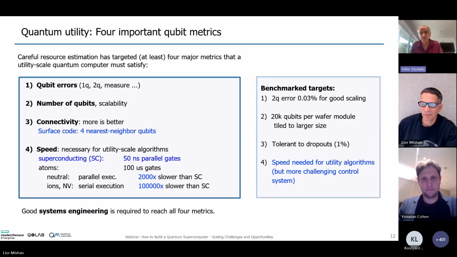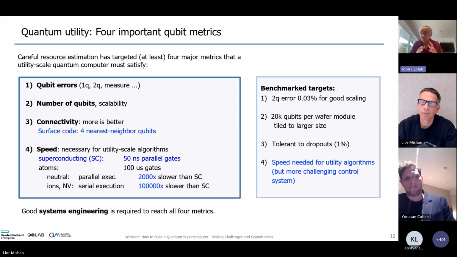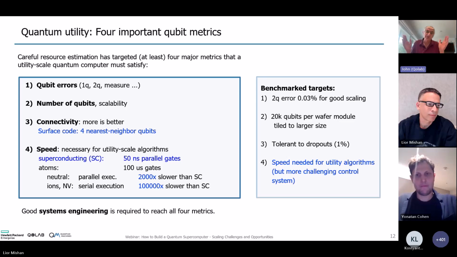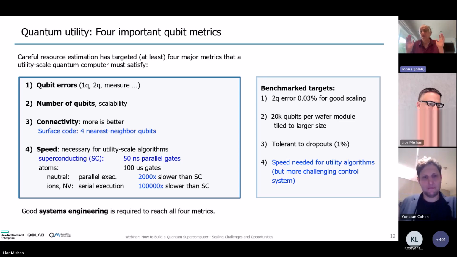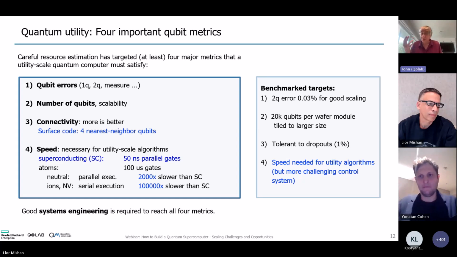In terms of connectivity, we're going to look at the surface code with 4 nearest neighbor qubits, instead of fewer nearest neighbors like what IBM is doing, because you want to make your design tolerant to individual dropouts. We're probably not going to make everything with 100% yield, and with 4 nearest neighbors, you can think about 1% of the qubits dropping out. It's okay.